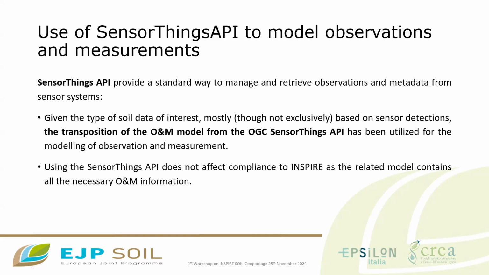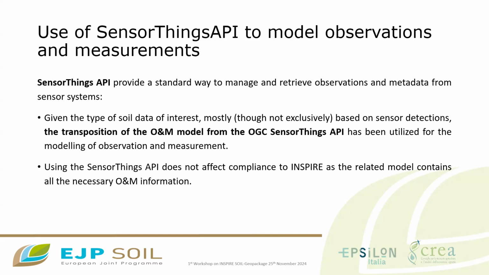Just to complete this overview, we have to briefly come back to the Sensor Things API to model observation and measurements. Sensor Things API provides a standard way to manage and retrieve observation and metadata from sensor systems.